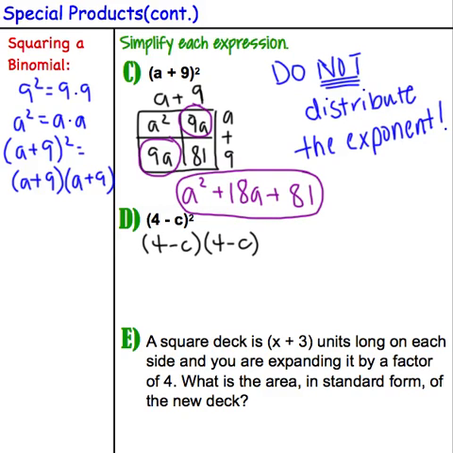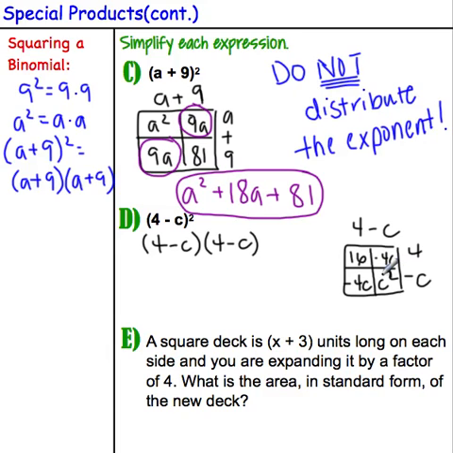We have 4 minus c and 4, and I'm going to keep the minus with the c so I don't forget about it. 4 times 4 is 16. Minus c times 4 is minus 4c. 4 times minus c is minus 4c. And minus c times minus c is plus c squared.